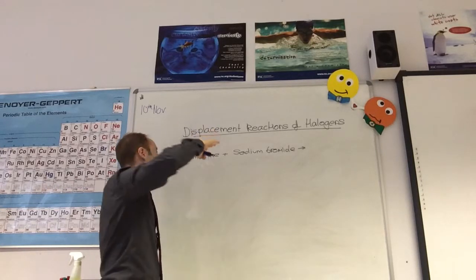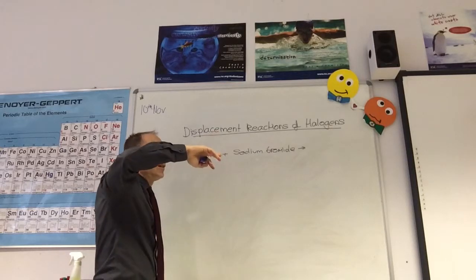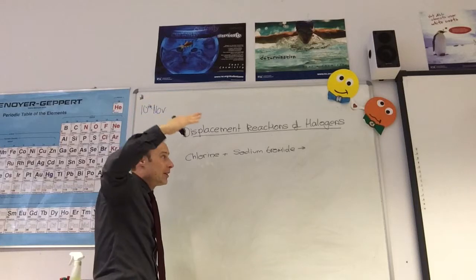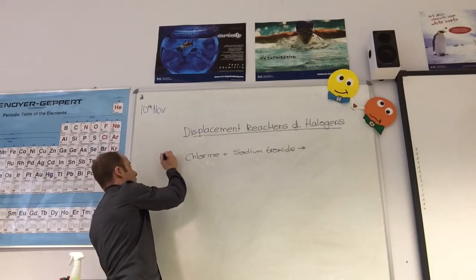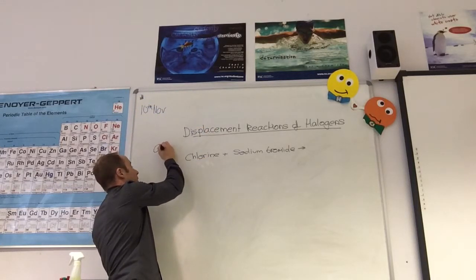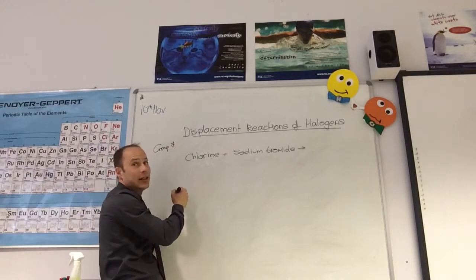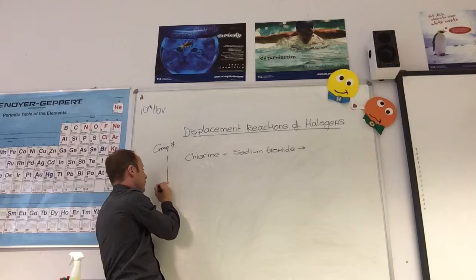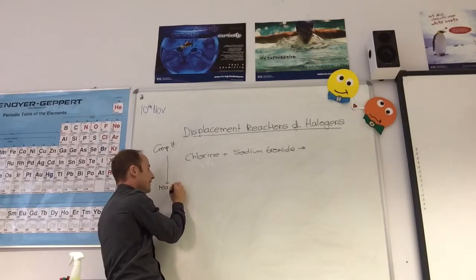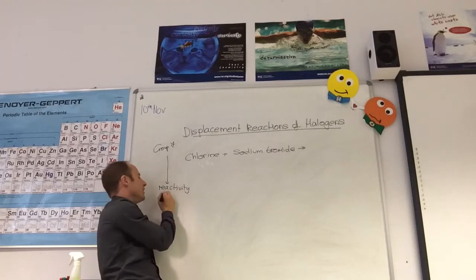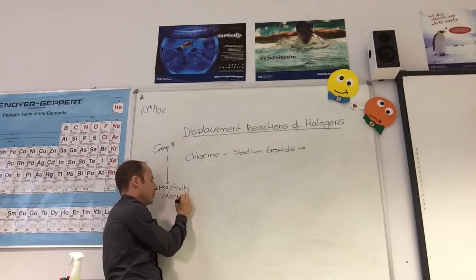We'll look at why chlorine is more reactive in a minute, but reactivity, can you remember from GCSE what happens to reactivity as you go down the group? As you go down group 7, what happens to reactivity? Reactivity decreases as I go down the group.